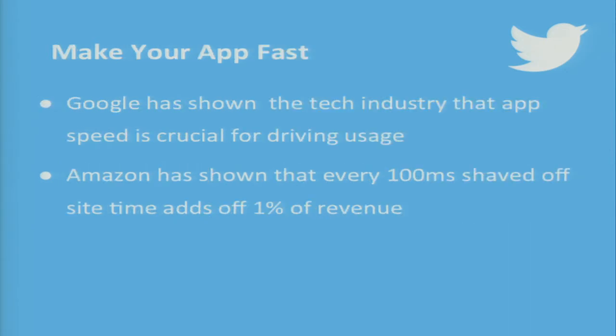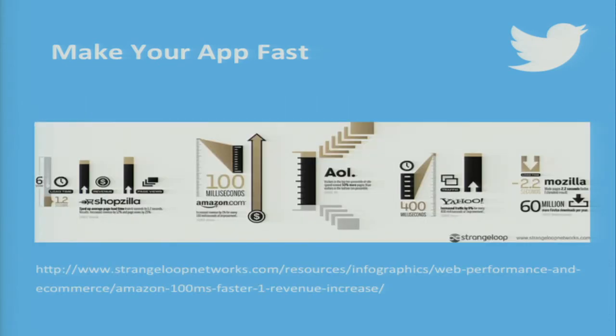Make your apps fast. That's another point that almost should go without saying these days. Google has put out multiple studies that have shown that fast apps get more usage, and when we're talking about differences, we're talking about something like 100 milliseconds. Amazon has this famous study. You can find some of the research on this at a company called Strangeloop Networks, but they did all this testing with Amazon.